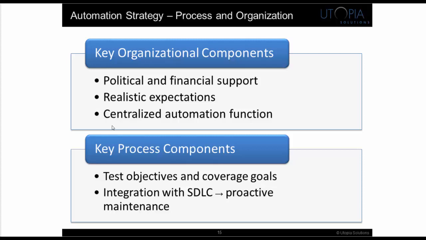From a process perspective, have a real keen focus on what your objectives are for testing, for sure, as well as automation, and then what of those test objectives are you going to cover with automation? Very, very important is integrating your automation process with the way you test and develop software.